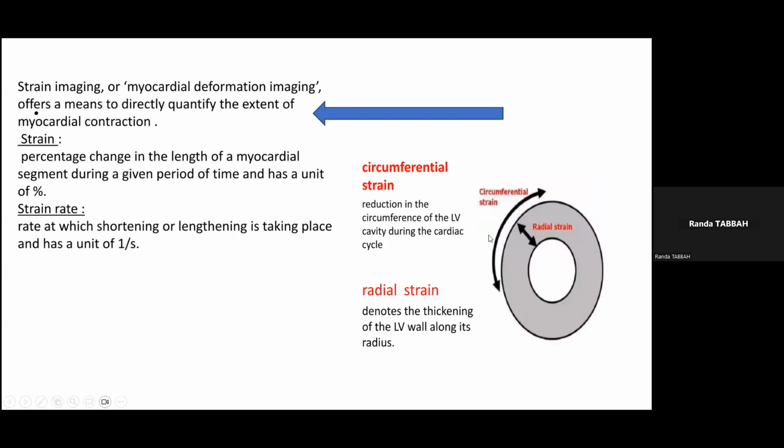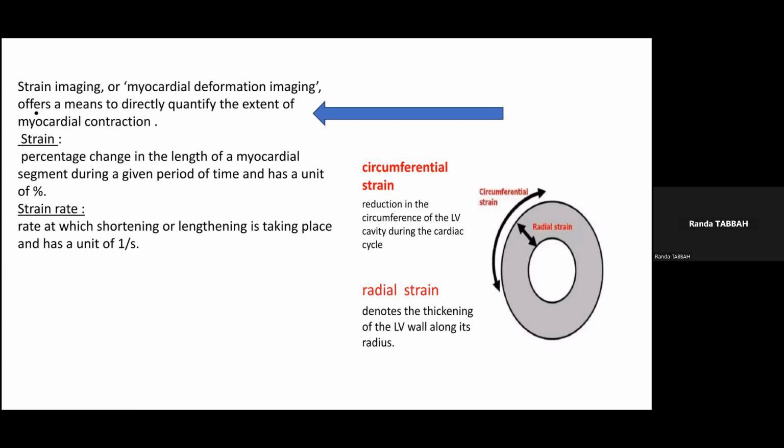We have several types of strain. It could be the radial strain that denotes the thickness of the LV wall. It could be the circumferential strain, with a reduction in the circumference of the LV cavity during the cardiac cycle. So the strain is the percentage change in the length of a myocardial segment during a given period of time, and it has a unit of percentage.